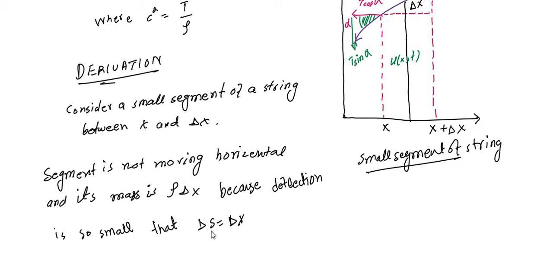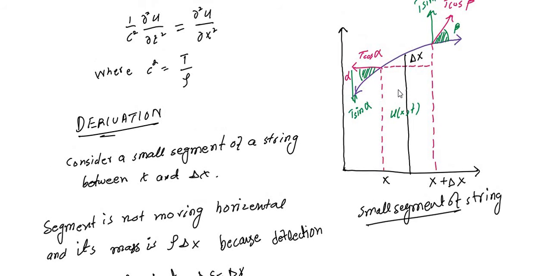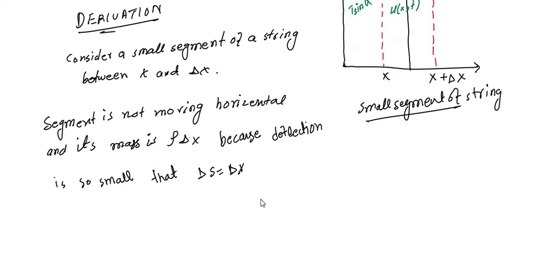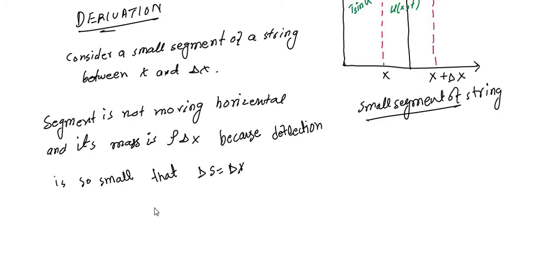Since there is no horizontal movement, whatever distance the string has covered is vertical distance. That is why delta S is equal to delta x.